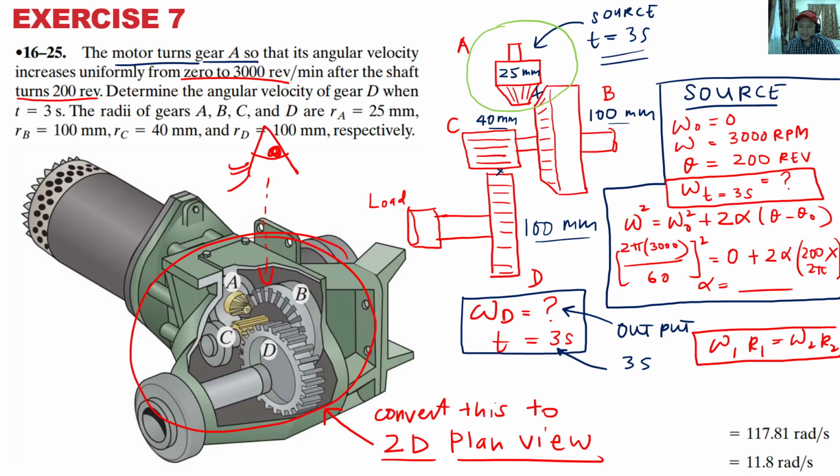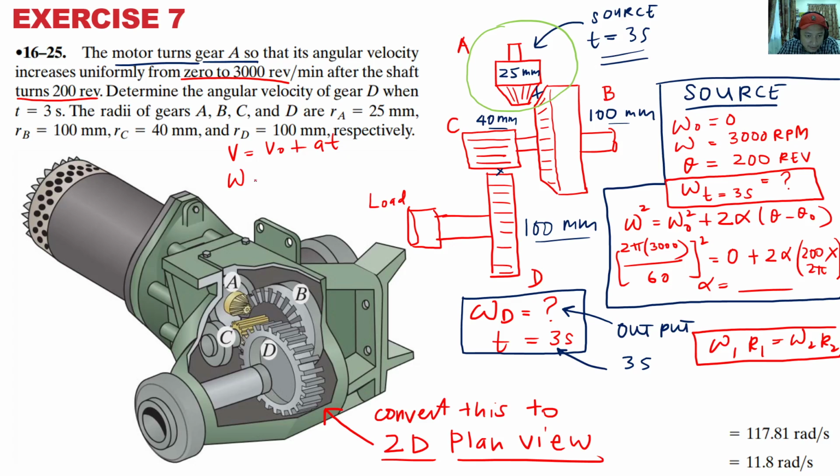Once you get alpha, find omega. How to find omega? Use this formula. It comes from V equals V naught plus AT.